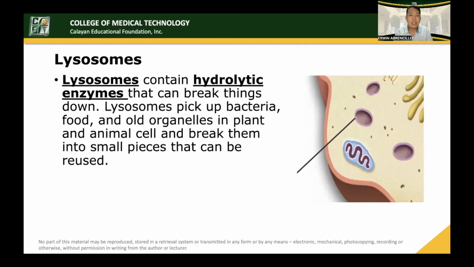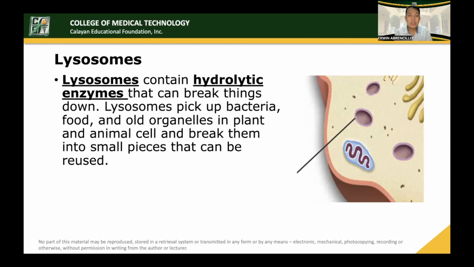And of course, we have lysosome. It contains hydrolytic enzymes that can break things down. So lysosomes pick up bacteria, if there are bacteria that are able to enter the cell, food, and old organelles in plant and animal cells, and break them into small pieces that can be reused. So for example, there are worn out mitochondria, just like the one in the illustration.